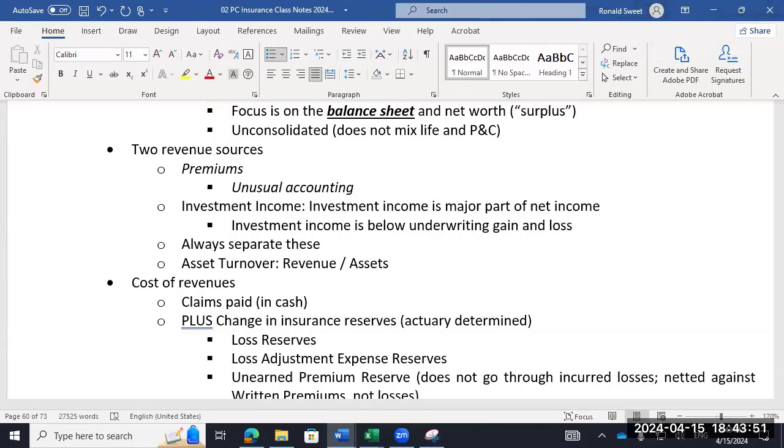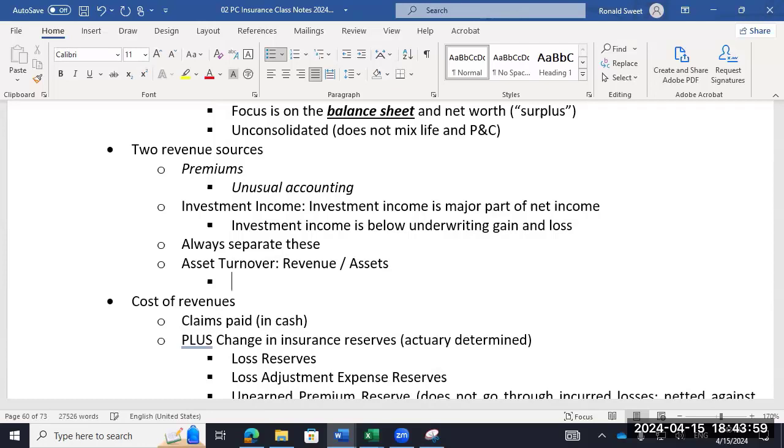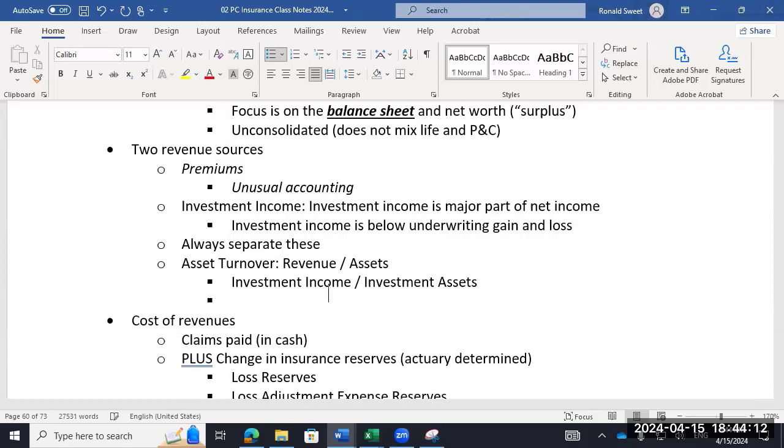It makes no sense whatsoever. Because what revenues would you use? Which revenues do they have that are associated with the assets? You have investment income to investment assets, right? That would make sense. And then you have premiums to operating assets. You'd have to separate those two out.